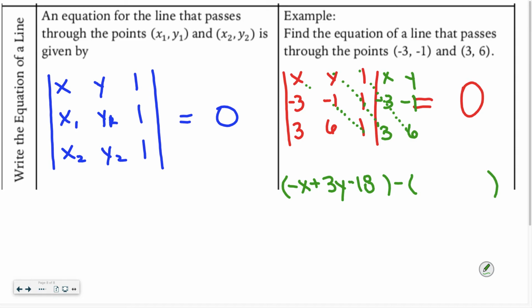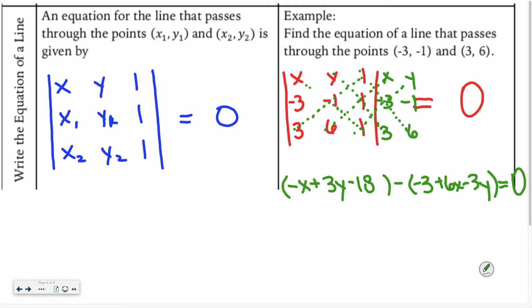Minus our up diagonals, 3 times -1 times 1 plus 6 times 1 times x plus 1 times -3 times y. And we know that we want this to equal 0 because we have collinear points. We're writing the equation of the line.